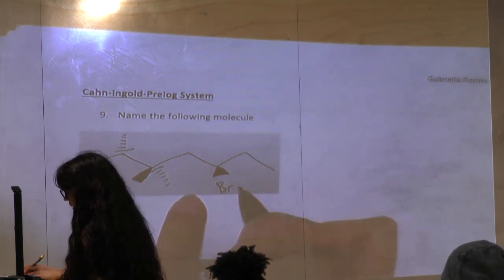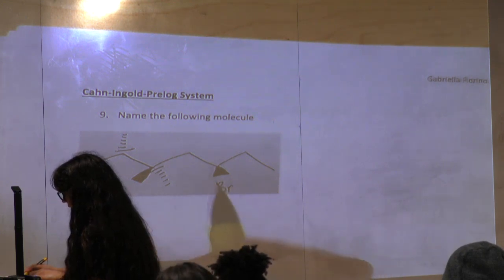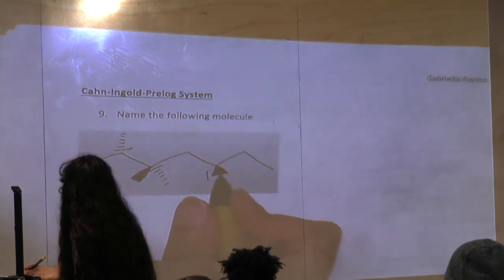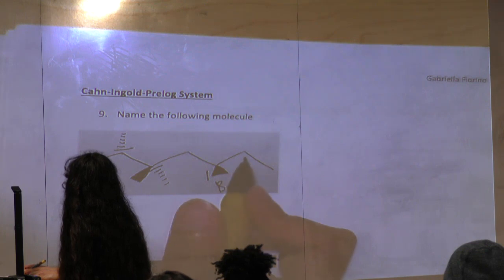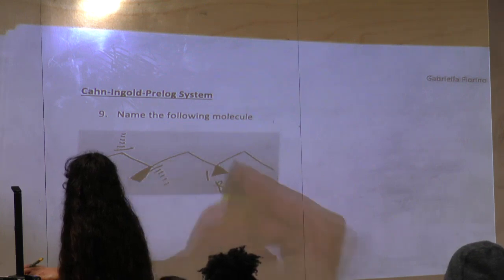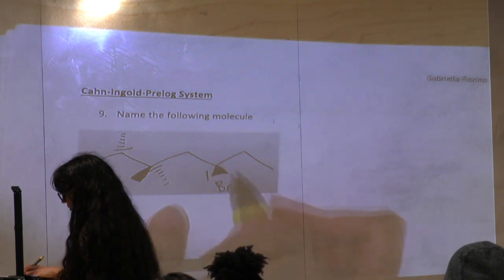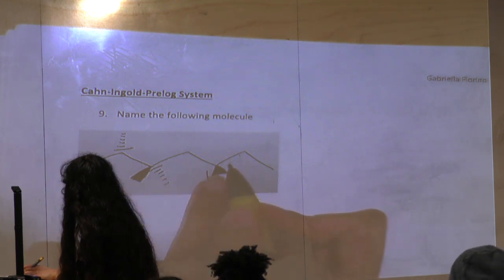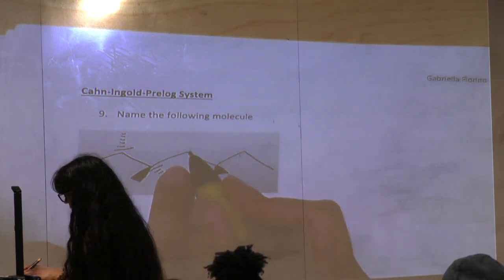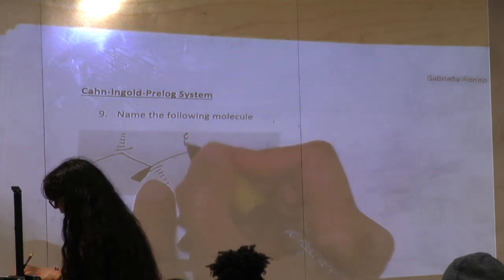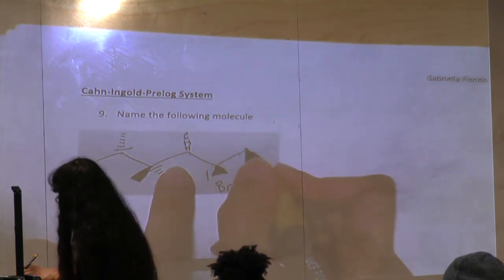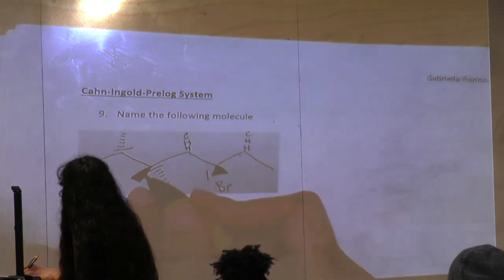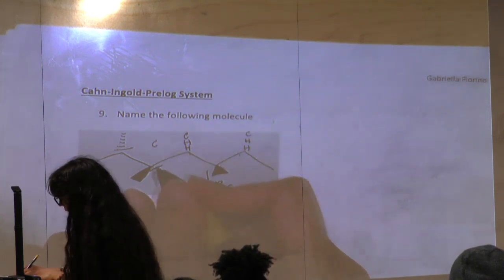Since bromine takes priority in this case because it's very electronegative, it's very heavy, we're going to put a 1. That's going to be our priority, not necessarily because it's on a wedge, but because bromine is the highest priority over an ethyl and over this other stuff. For us to assign priority to number 2, we have to go 1 carbon out at a time and compare them. If we come out over here, we have a carbon, a hydrogen, and a hydrogen. If we compare to over here, we have a carbon, a hydrogen, and a hydrogen. If we go out again, we have a carbon that doesn't have any hydrogen connected to it, right?